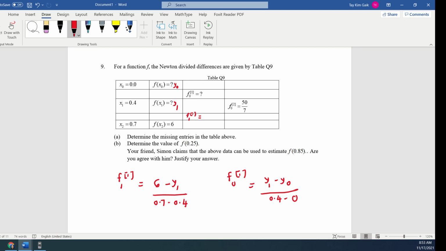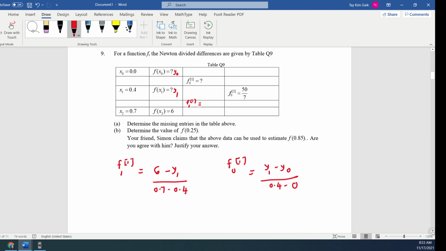However, we know the f02. This is a Newton divided difference, it looks like the slope, meaning the numerator is dependent on the previous level Newton divided difference, so it will be f11 minus f10.